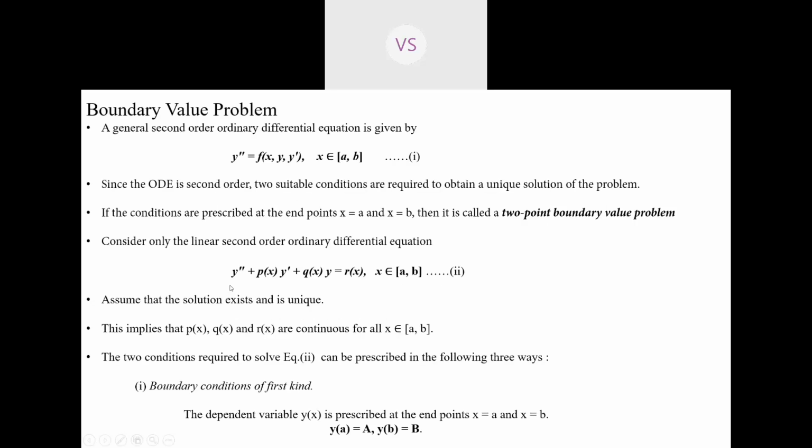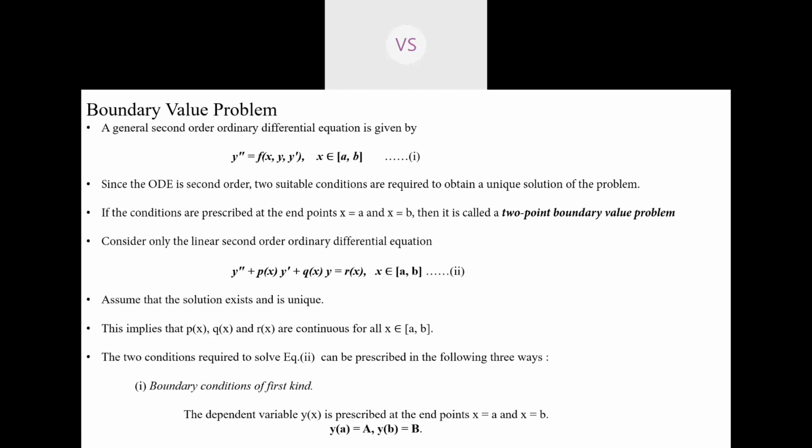Now first we'll see what is known as a boundary value problem. In ordinary differential equations, you have learned the initial value problem. In an initial value problem, the initial condition is given to you: at x is equal to 0, y's value is so and so, at x is equal to 0, z value is so and so. But in boundary value problems, there are different conditions given to you.